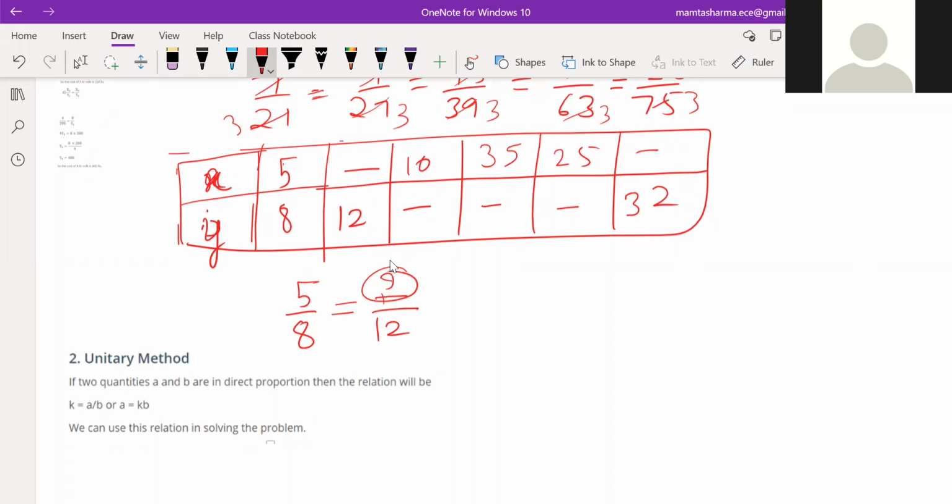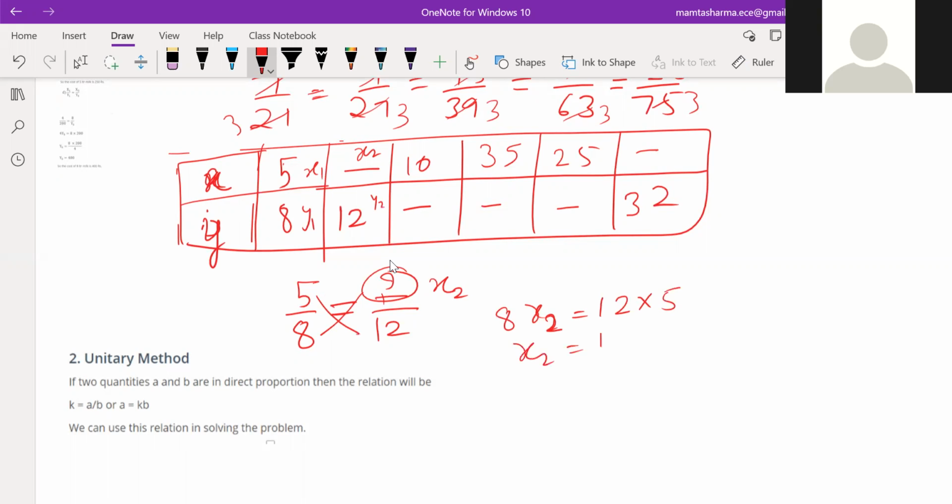Now find out the value of the dash. Let's say this is X1, Y1. This is X2, Y2. So X2 will be, cross multiply. To solve these ratios, cross multiply the values. X2 into 8 equals 12 into 5.